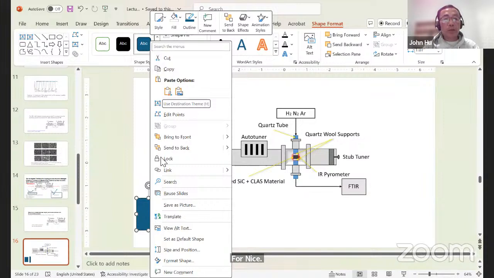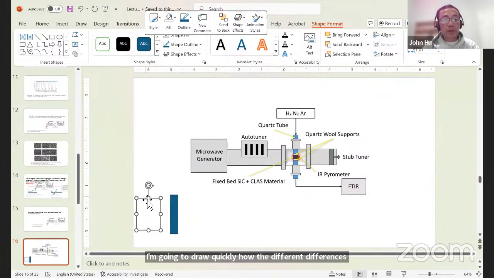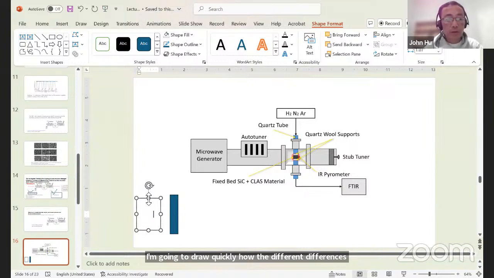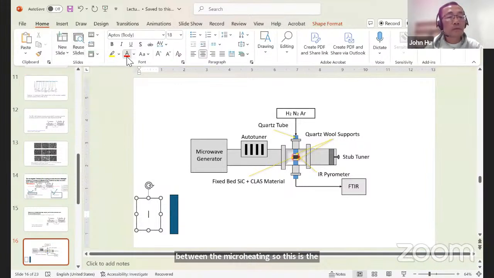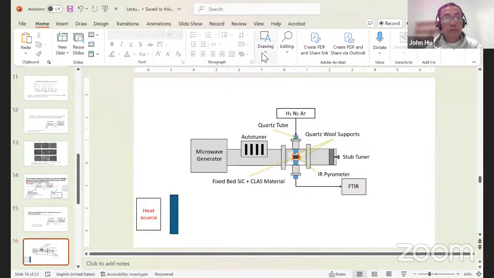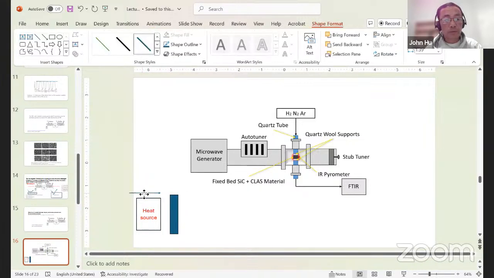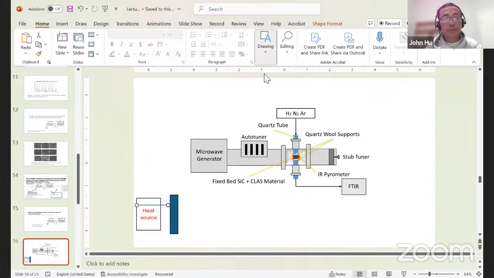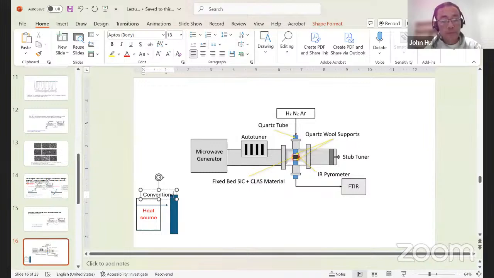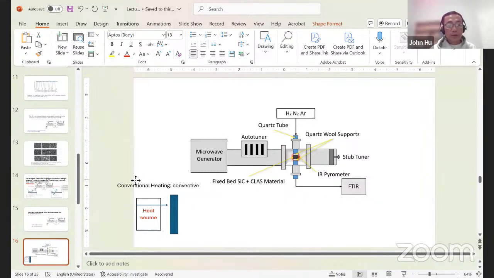I'm going to draw quickly the differences between conventional and microwave heating. In conventional heating, you have the reactor tube and a heat source, and this heating is convective.